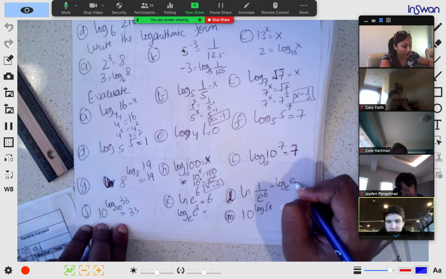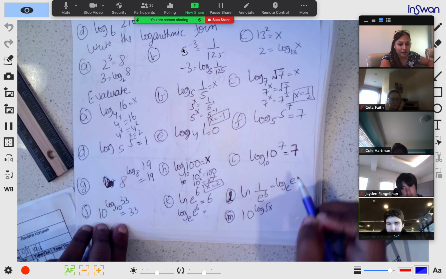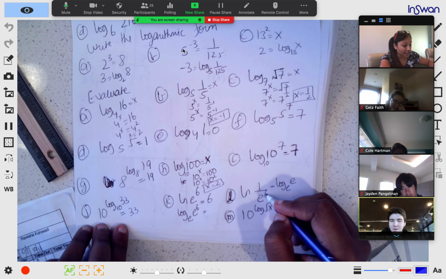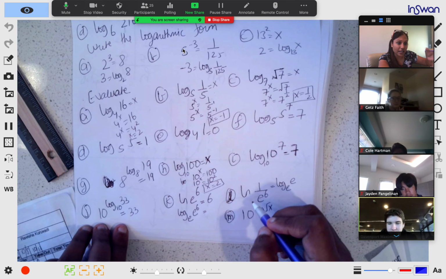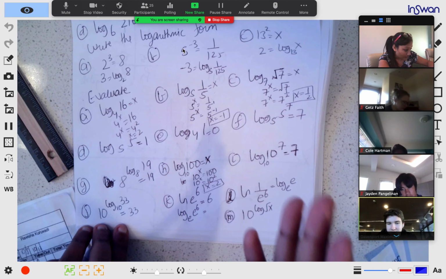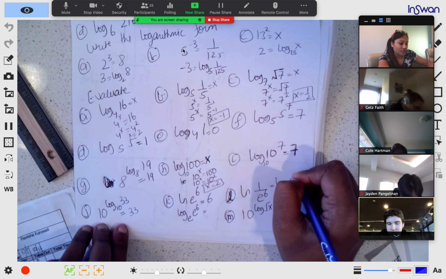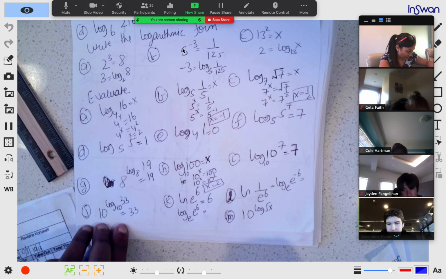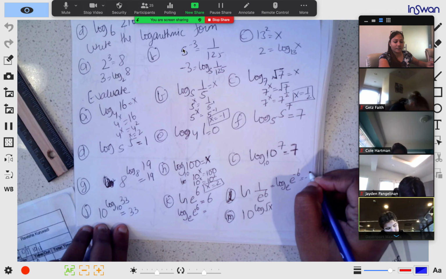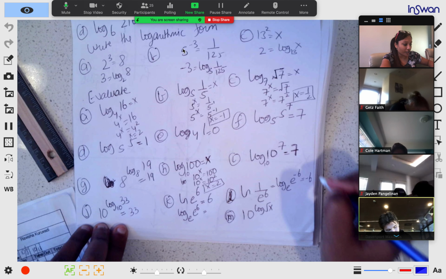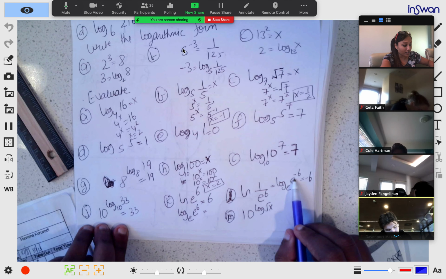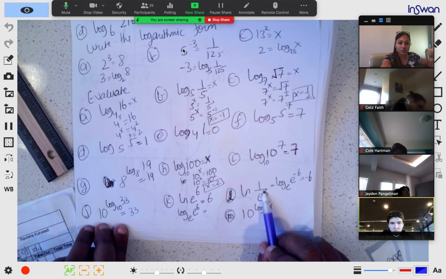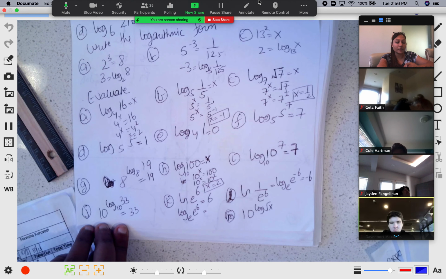If I take it to the numerator, what does it become? Negative 6. Right, if it's positive, you make it negative. If it's negative, you make it positive. So now what is it equal to? Negative 6. Exactly. I repeat, if it's in the denominator and you have to take it to the numerator, e will still remain the same. Only the sign of the power will change. If it's positive, it will become negative. If it's negative, it will become positive.